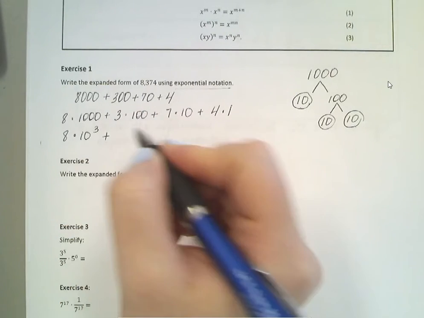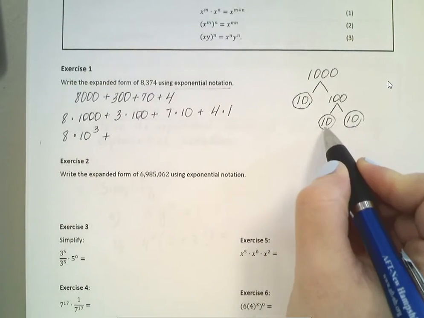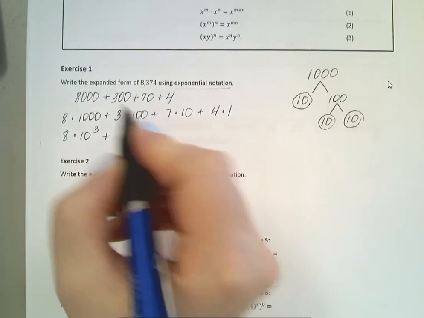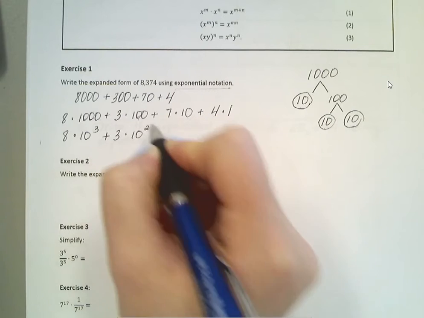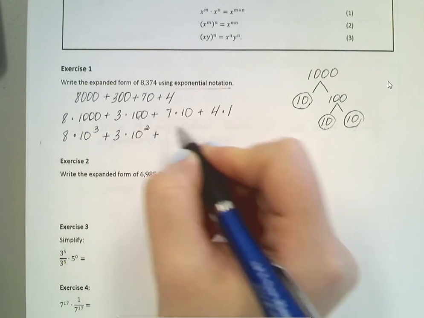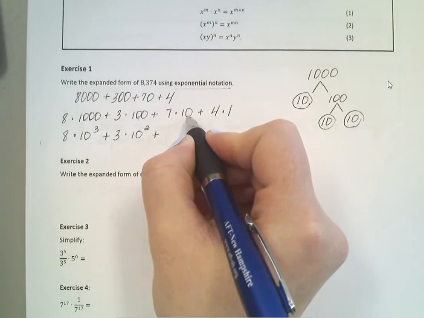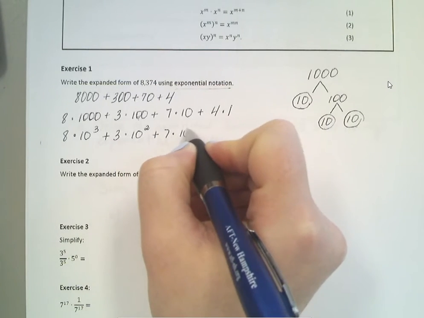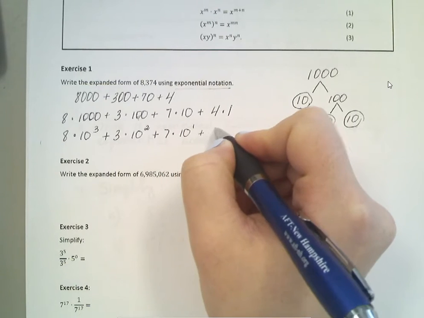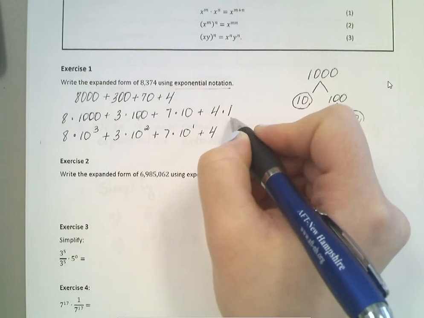Then I will write plus 100 is 10 to the second. So I'm going to rewrite this as 3 times 10 to the second. Then I will write plus 10 is a number written by itself, so it's to the first power. 7 times 10 to the first plus 4 and 1.